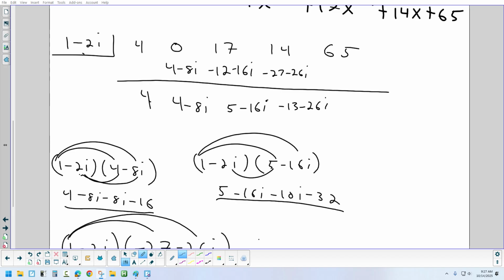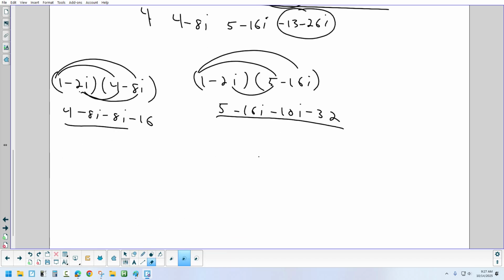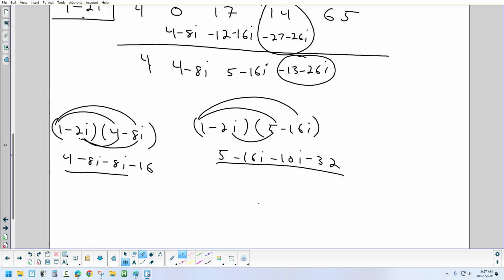Okay, so we just realized that we forgot to add these two together, and that's what I should be multiplying by. So we have to make sure we add those up. Negative 13 minus 26i. So that will change it a little bit.